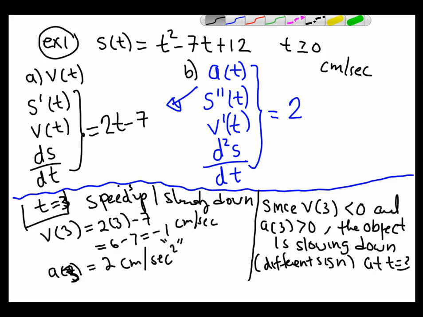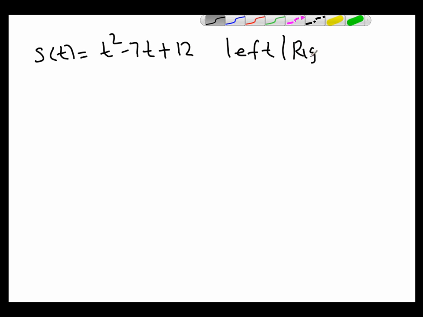Next, I can also ask you, let's continue with the same position function, t squared minus 7t plus 12. I want to know, when is it moving to the left, when is it moving to the right, and when is it at rest, or has stopped.